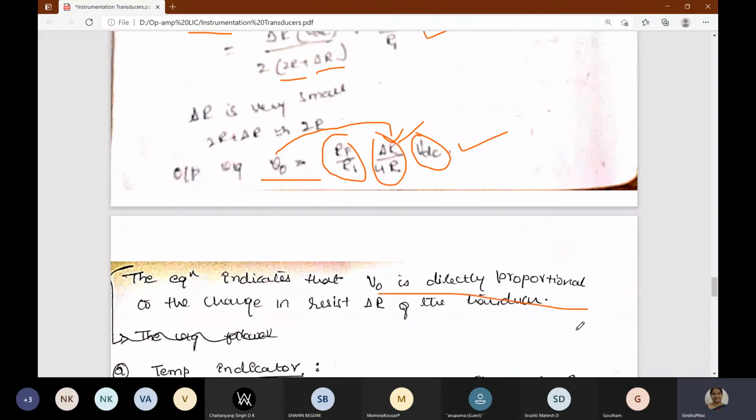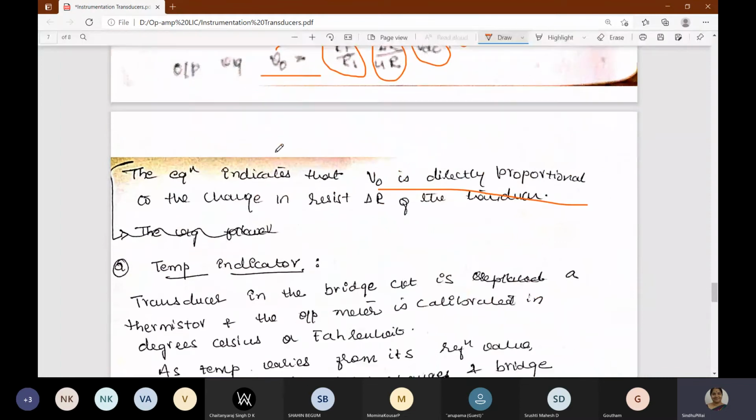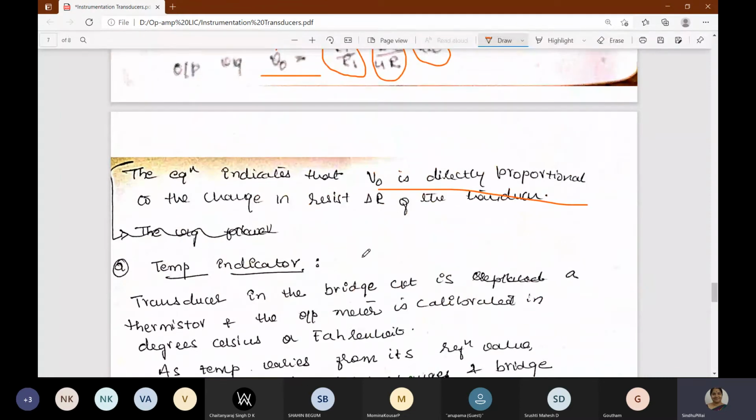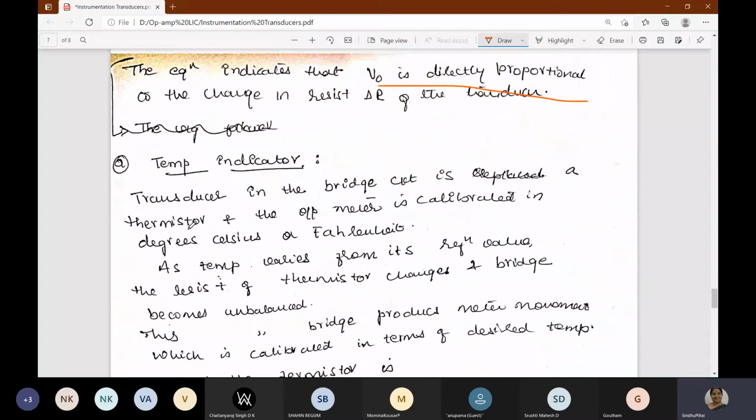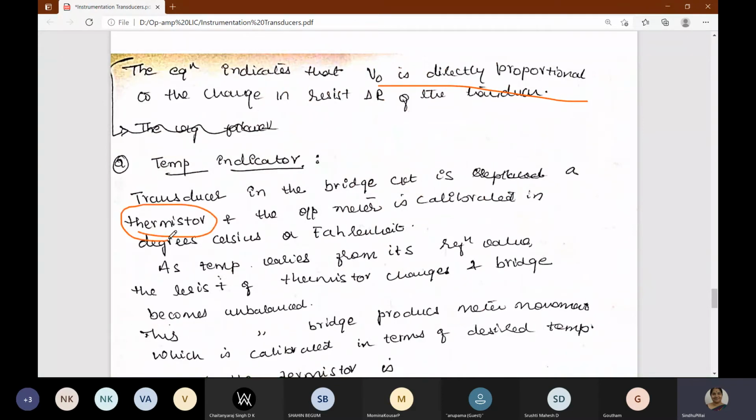Here first we went with the resistive transducer. In the same circuit, if we replace the transducer in the bridge circuit, instead of a strain gauge, with a thermistor, we call it a temperature indicator. Every concept is the same, only the transducer is replaced. Here we are going with a thermistor, which is used to measure the change in temperature.